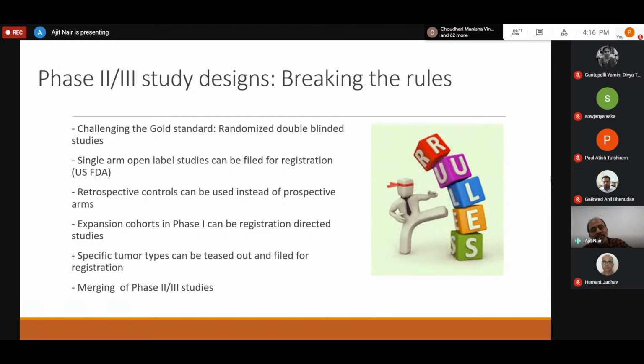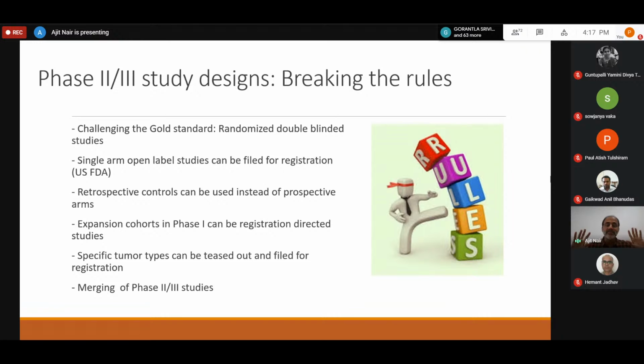You can have a single-arm study, but the second arm is an invisible arm, which is actually historical data from a positive control. So you have the liberty of using a retrospective control instead of a prospective arm in a randomized study. That's the beauty of how you can play around with oncology designs, because the FDA or the EMA is very open to such innovative designs which allow retrospective controls.